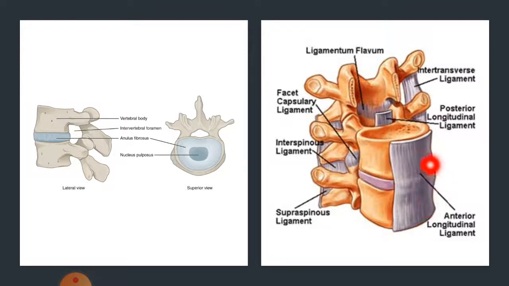Then there is the anterior longitudinal ligament, which is lying anteriorly to the bodies. You can also appreciate the posterior longitudinal ligament, and it is lying inside the vertebral canal and extending through the whole length of the vertebral column in close contact with the posterior surface of the body of the vertebra.